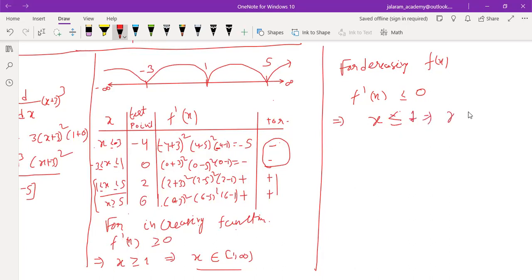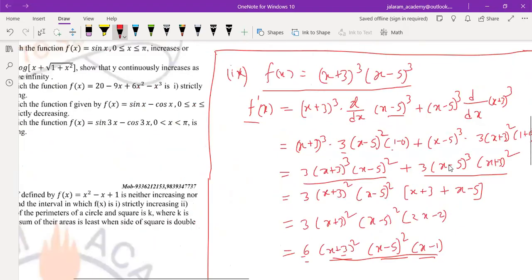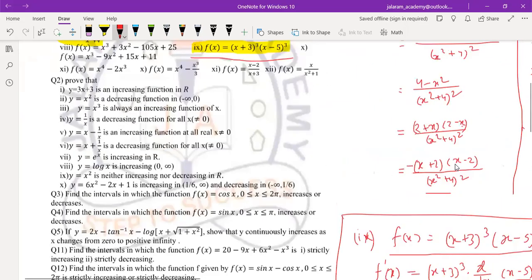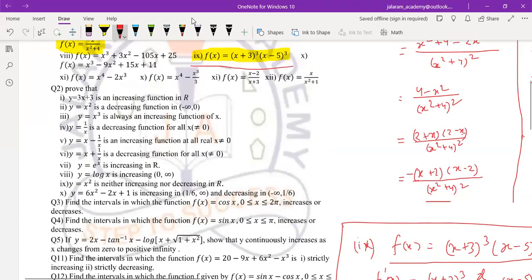And in interval form, we write it x belongs to -infinity excluded to 1 included. Is that clear to you? So for an increasing function, x belongs to 1 to infinity, and for a decreasing function, it lies from -infinity to 1. Understood, everyone? Yes, sir.